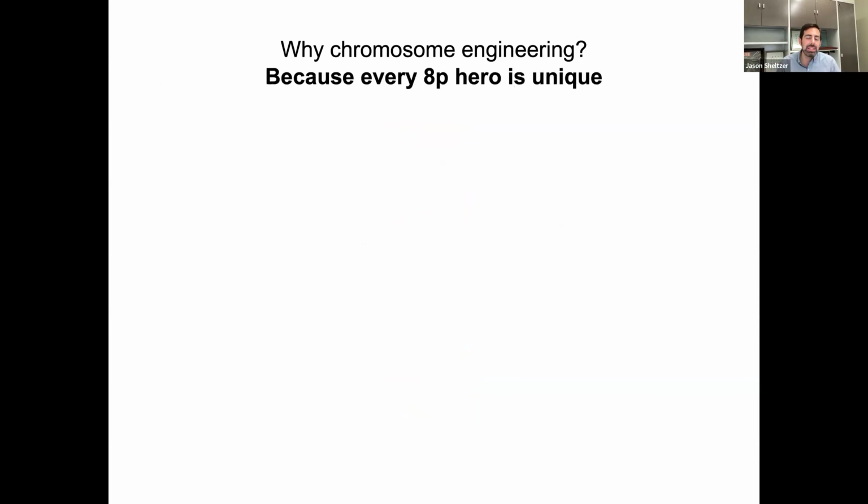I think for 8p syndrome in particular, there is also an additional very important reason why chromosome engineering to address the altered copy of chromosome 8p is very important. And that reason is that we know very well that every 8p hero is unique.